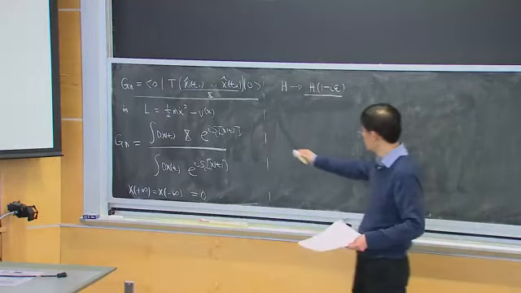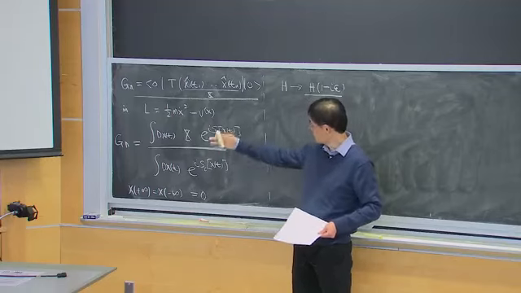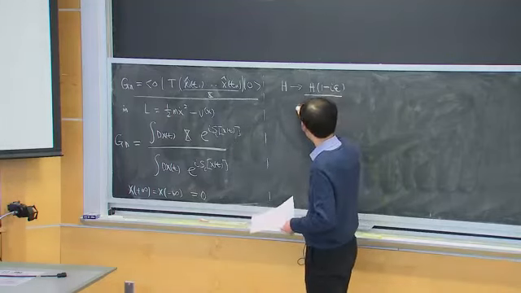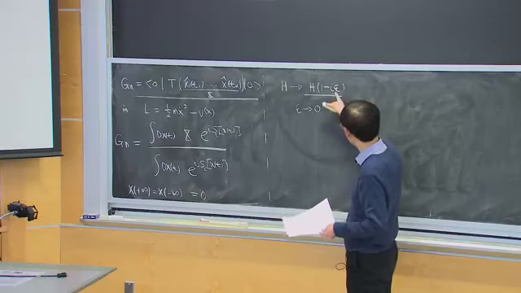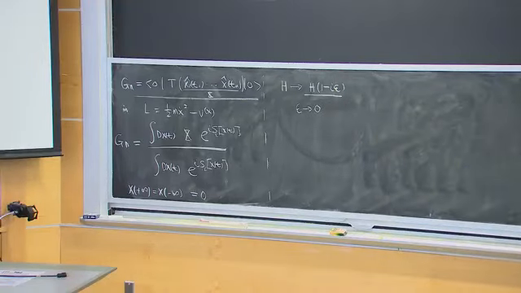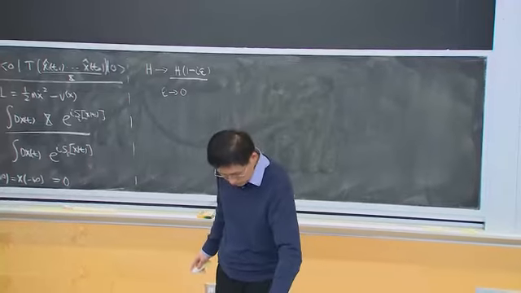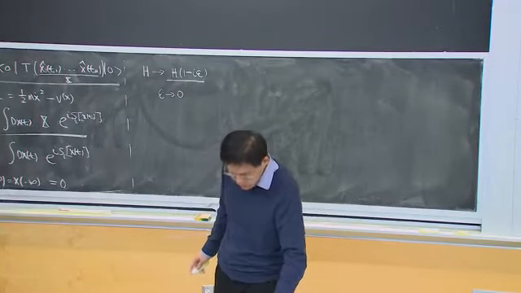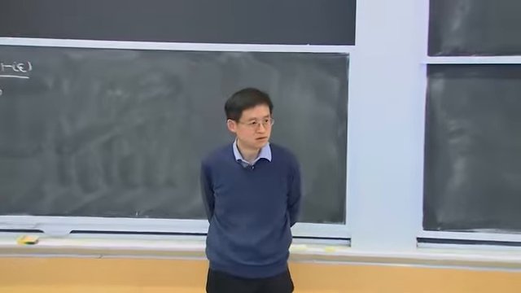After you have done this calculation, you set epsilon goes to 0 at the end. When we write epsilon, it should always be assumed that this is a positive number, this infinitesimal positive number. Good. Any questions on this? Okay.